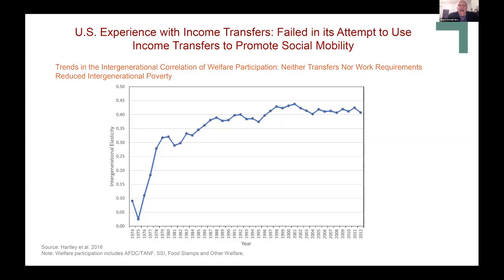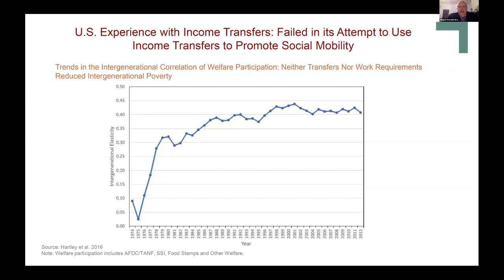This program was designed to promote social mobility. However, when you look at the progress, this graph plots over time the correlation between a child's poverty status and his parents' poverty status.